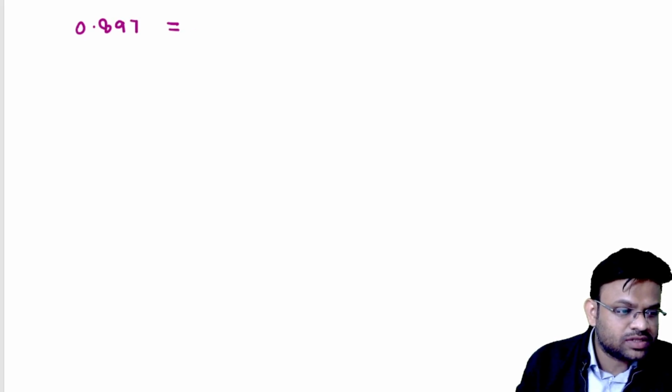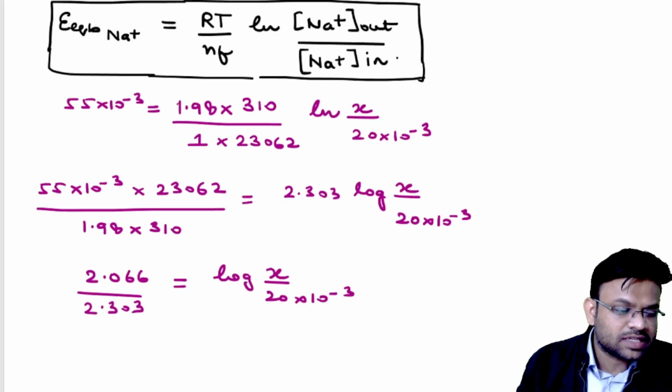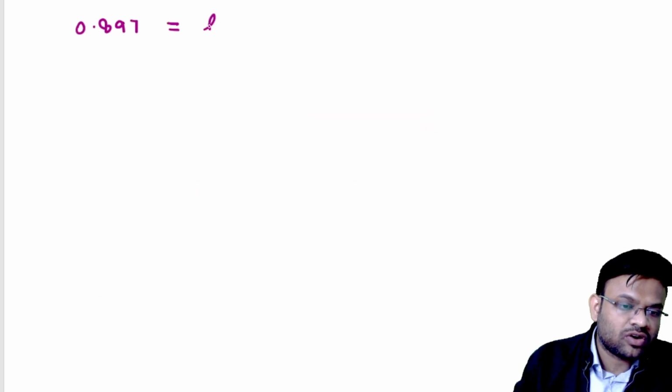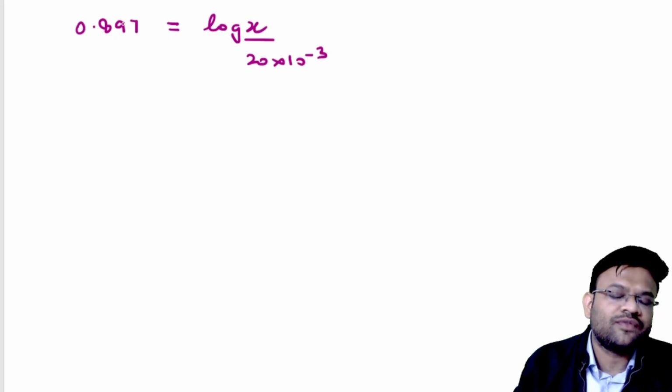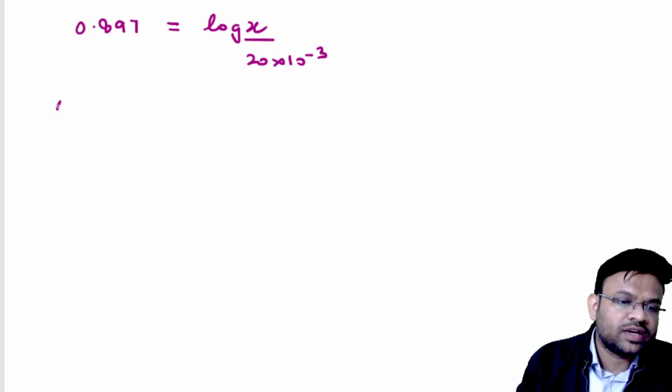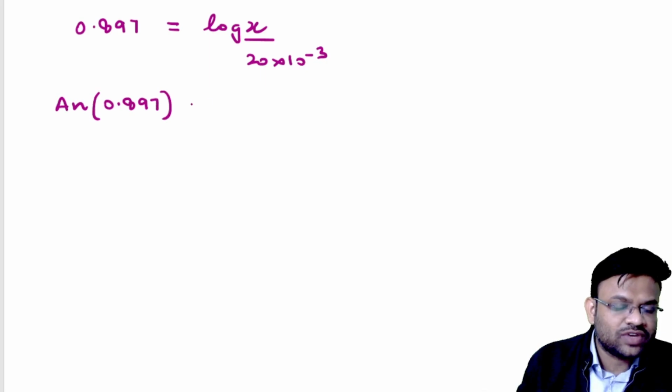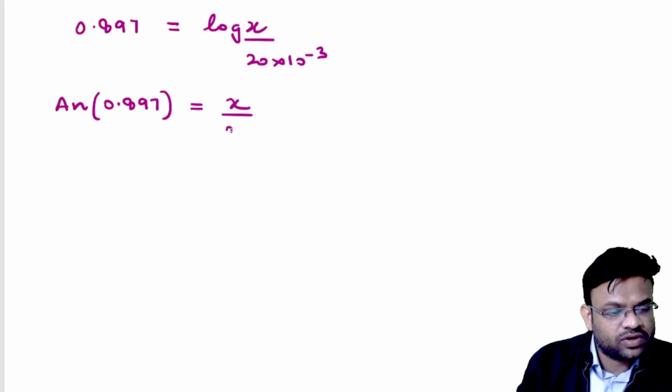0.897 is equal to log of x upon 20 into 10 to the power minus 3. Now I'll have to take the anti-log of 0.897. This will be equal to x upon 20 into 10 to the power minus 3.